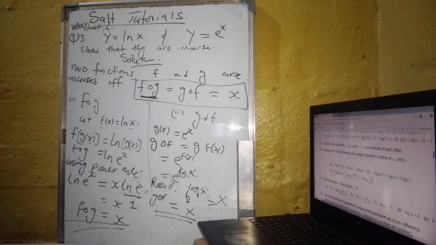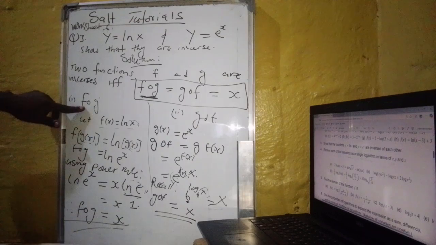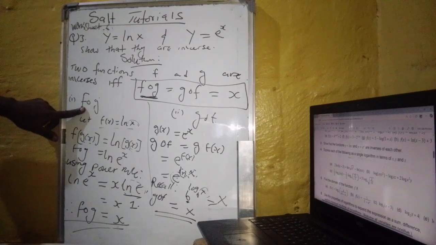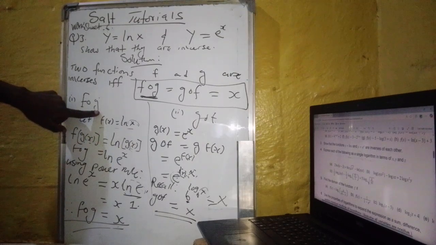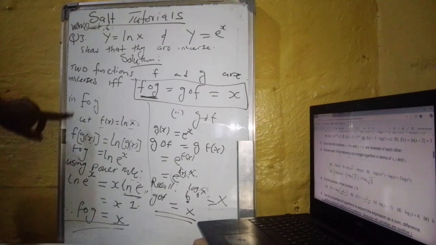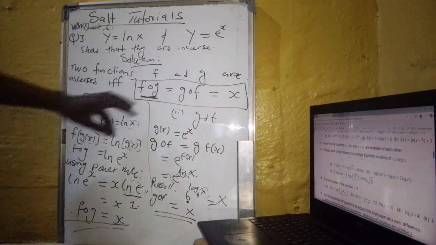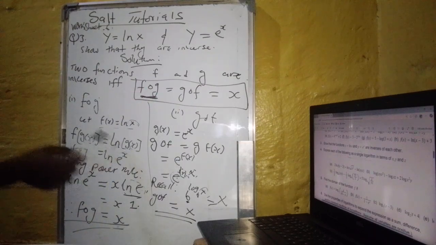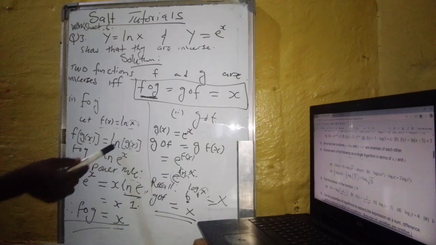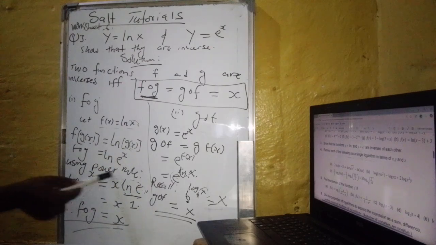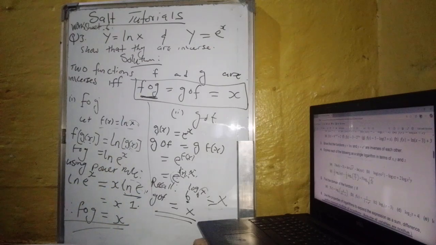When you are proving in this case, make sure you state your rule and the property which you have used. Like in proving f of g, as I was simplifying after placing g of x in f, I had to use the power rule and state it.